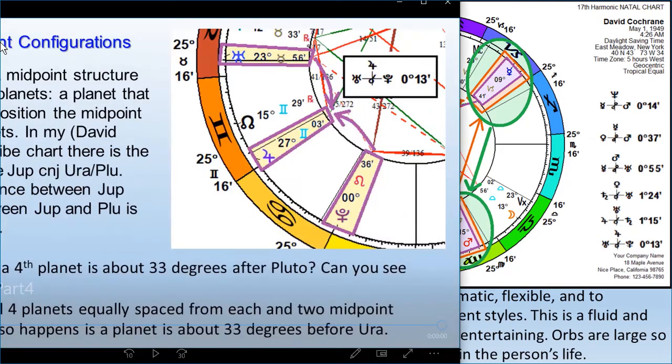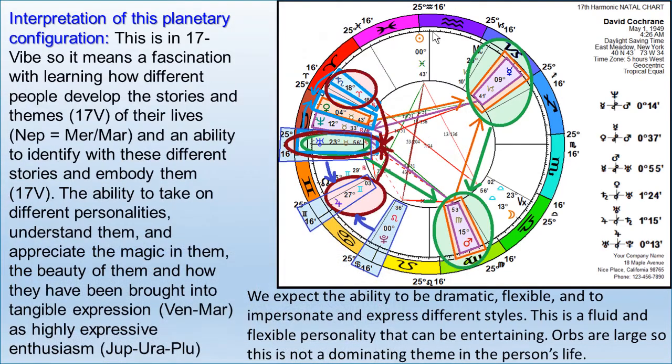Hold on a second. Let me get rid of this so we're not confused. Okay, there we go. We can look at this 17 vibration configuration, and if we were talking to me as a client, we can say, you've got this fluidity, this ability to, you could be good at performing, acting to some extent. You can really get people excited. Jupiter, Uranus, Pluto, and that would say, maybe you should do those videos.